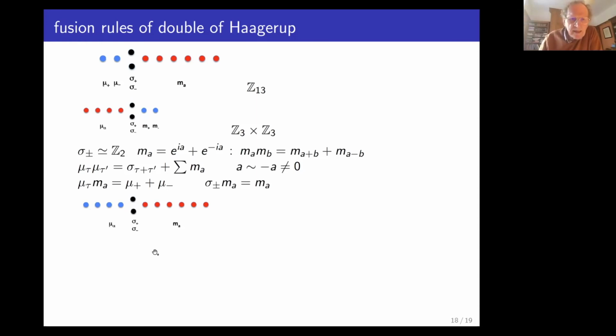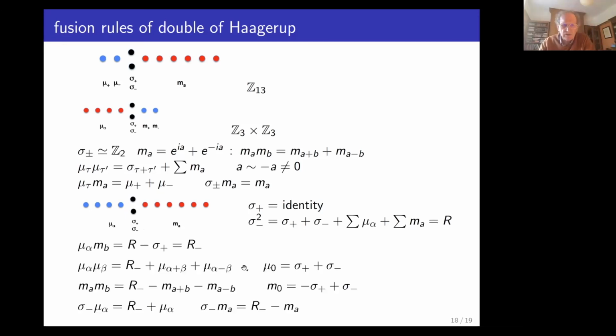And in this language, the 2 black ones are no longer representing Z2 as they were up here, but sigma plus is of course the identity, but sigma minus is now highly non-trivial. When I square it, I get everything in sight. Every irreducible appears. So that's what I could call the regular representation. And then the other fusion rules can be described simply like this.